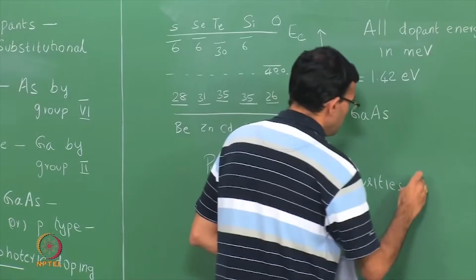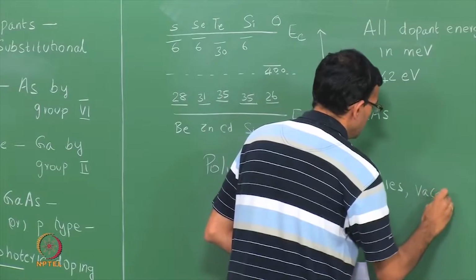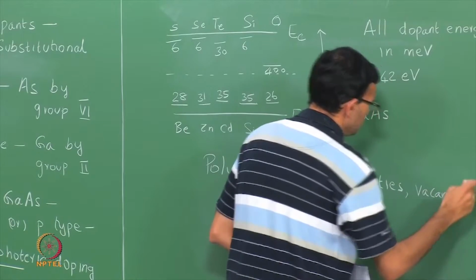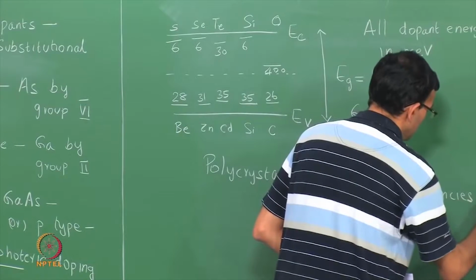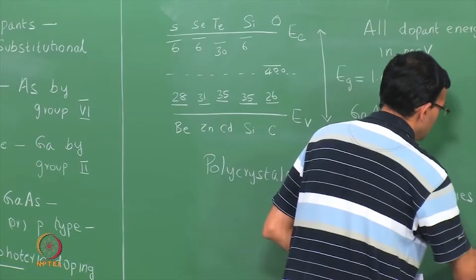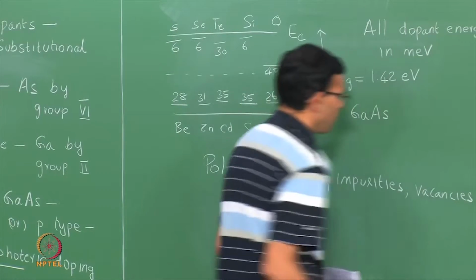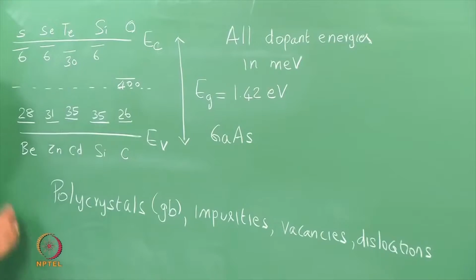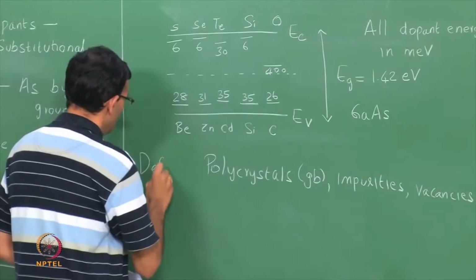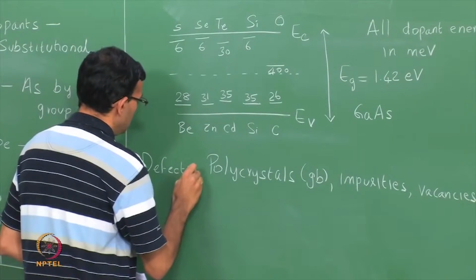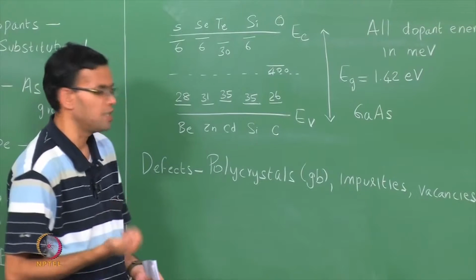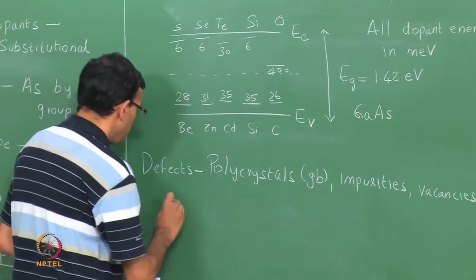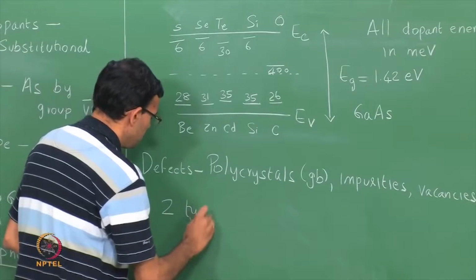You can have vacancies, dislocations, all of these are defects in your crystal, and whenever you have defects, you always have defect states. There are two types of defect states.